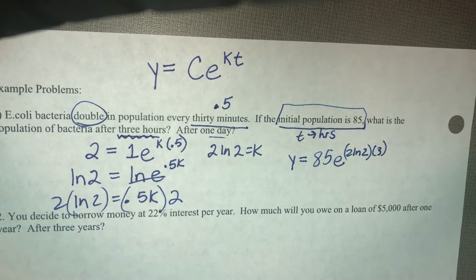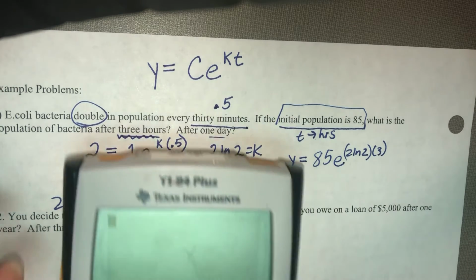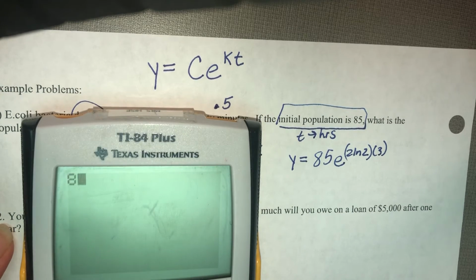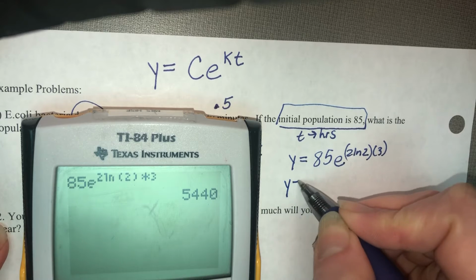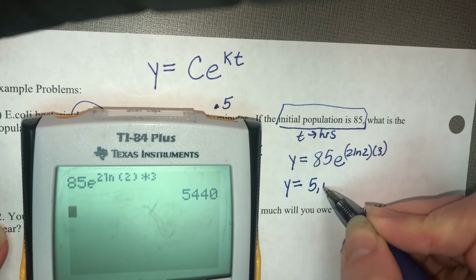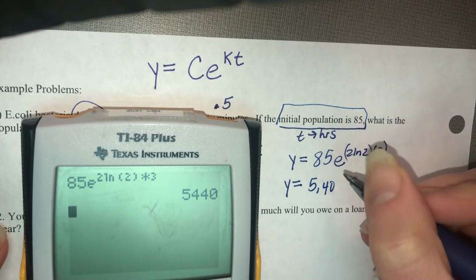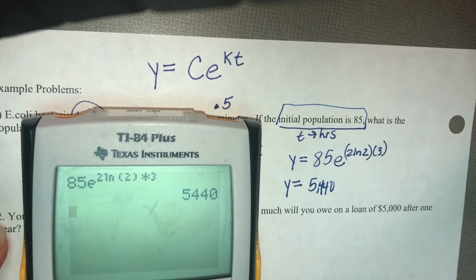And then we'll just use the calculator to compute that value. 85 times e to the power of 2 natural log of 2 times 3. So that gives me an ending amount of 5,440.